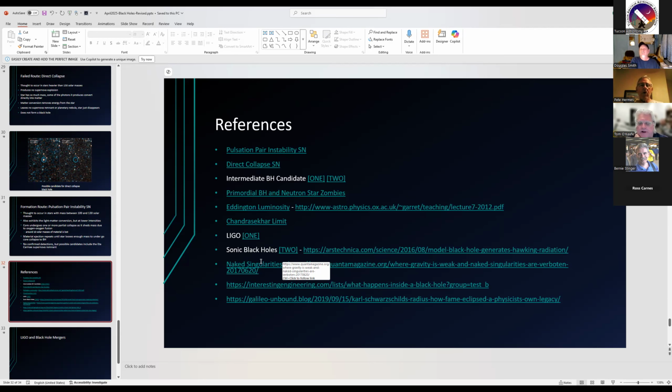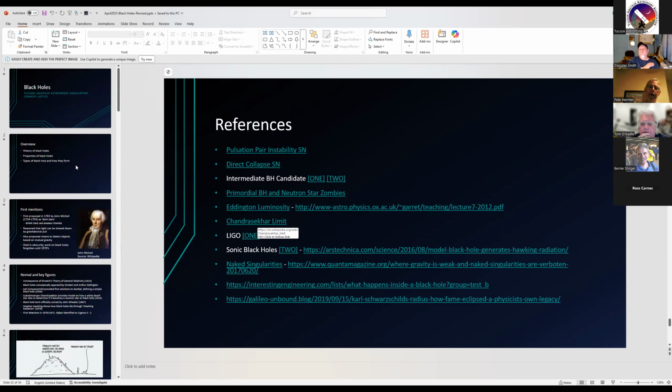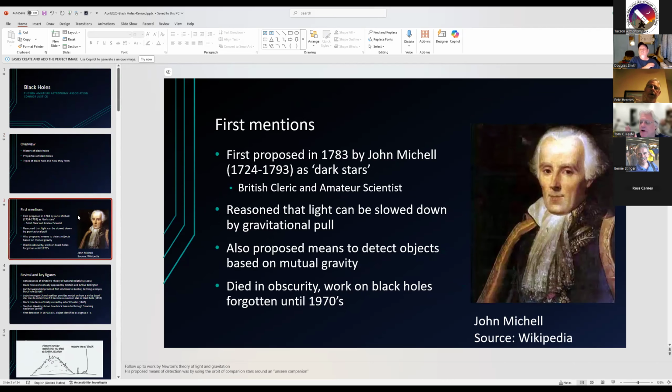John Michell, I guess he called it a dark star. So he must have figured out that, like a binary star system or something, if you can't see one, that's a dark star.